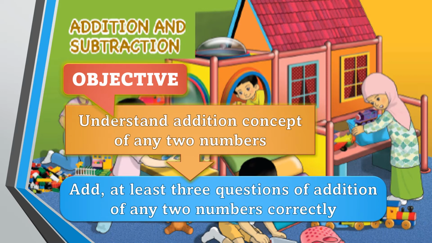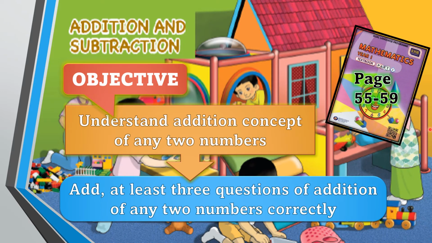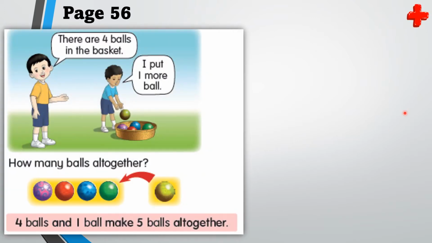And in order to do that, I would like you to take your textbook and turn to page 55 and 59. Actually, page 55 is just for introduction, and let's go through to page 56 and look at the first example.